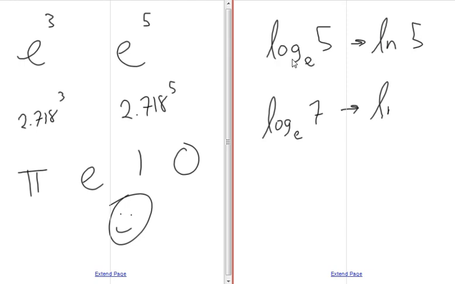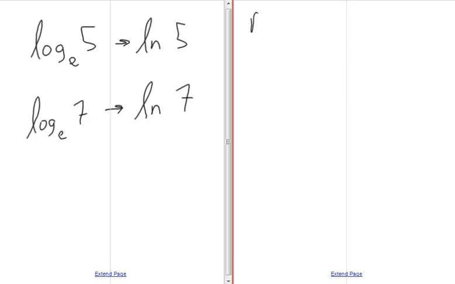So, whoops, getting behind here. Let's see. So log base e of 5, we can write that as ln of 5. So this is the natural log of 5, and I'm going to always do the little cursive L thing. So log base e of 7, we would normally write as natural log of 7.